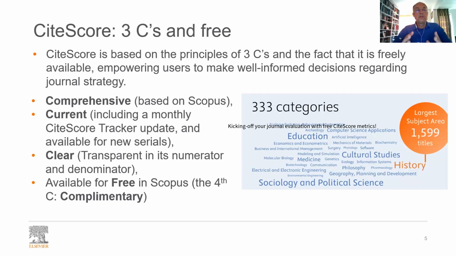And it's clear because the transparency is displayed by not only the value, but really by the elements of it. It's showing you the numerator and the denominator of the equation, and you can click through to the individual articles underneath it. And on top of it, again, it's free, and therefore the 4th C represents complementary.